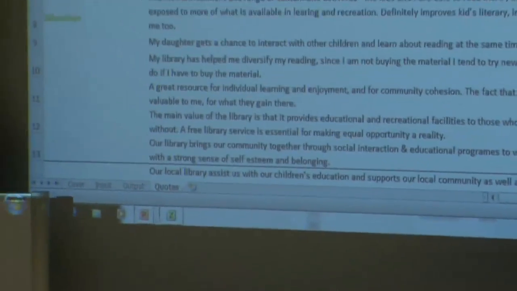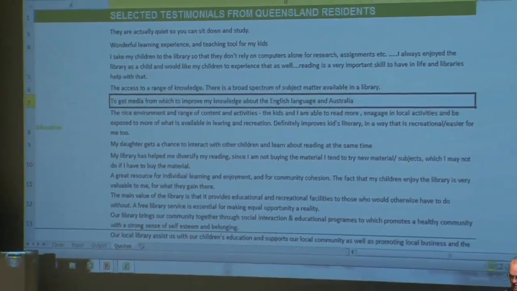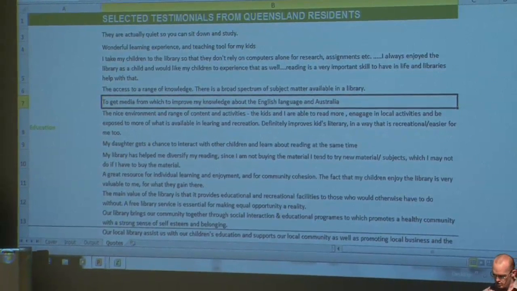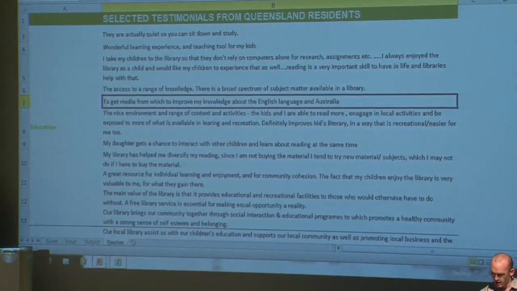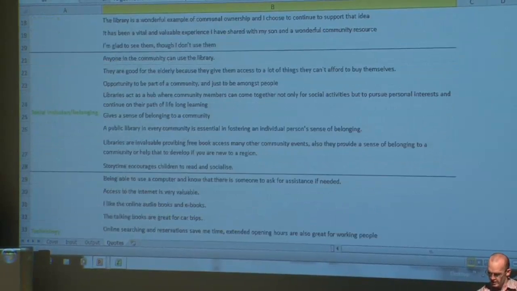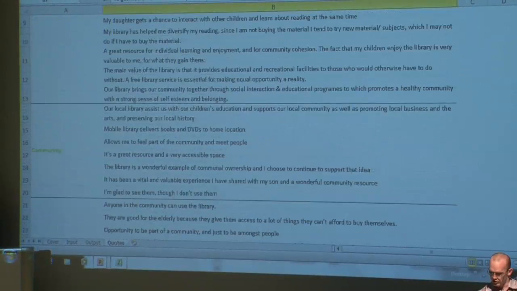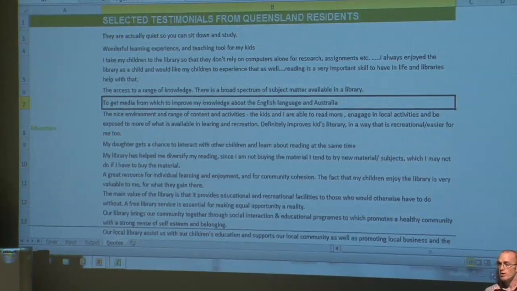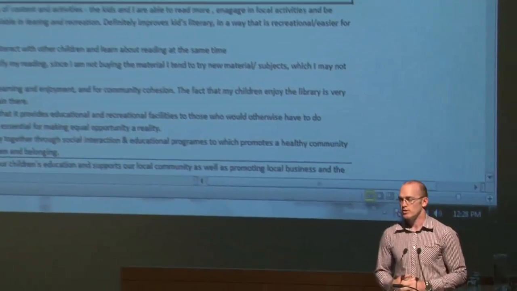Right at the end of the model, there's also just some selected testimonials from Queensland resident users and non-users, separated into certain categories, so that along with those results, you can draw out some of those qualitative comments from users and non-users of how they value that library and what it means to them.